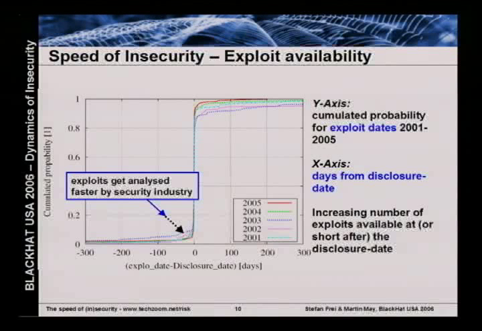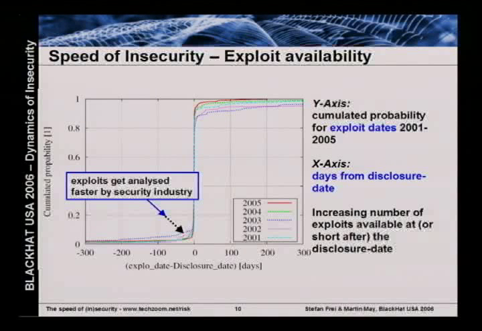And vertically, we see the accumulated probability. So this is what we call the speed of insecurity. This is how fast are exploits made available. And we compare it to the disclosure date of the vulnerability, because upon the disclosure, the public and potentially every user of the software has the same information as everybody else.